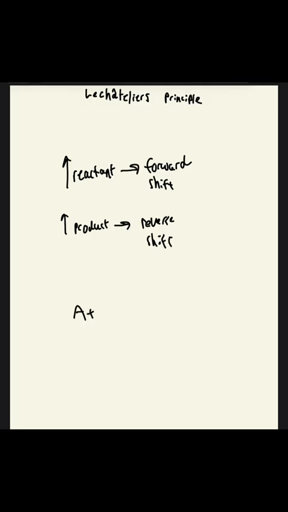If we have a general form for a reaction here, and we increase the concentration of A, then the system is going to oppose the change and favor the production of the products, or the forward reaction.